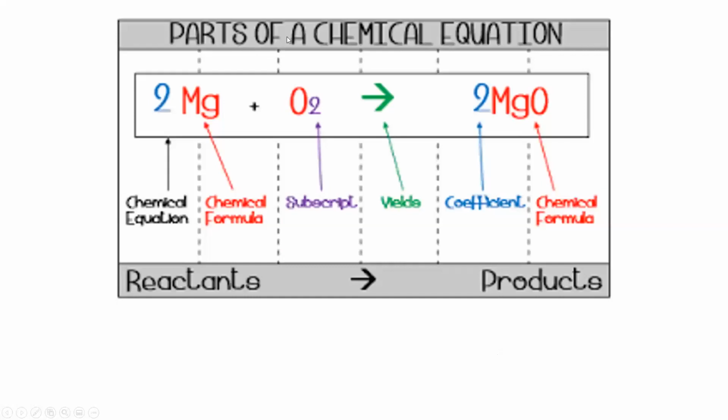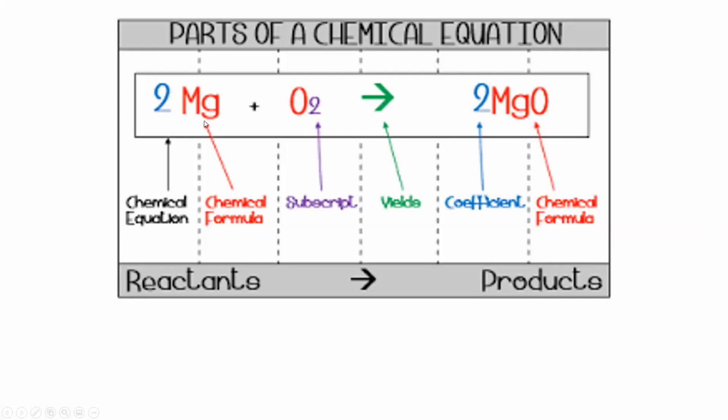What are the parts of a chemical equation? Well, this number in front of the substances is known as the coefficient, and these are the subscripts.